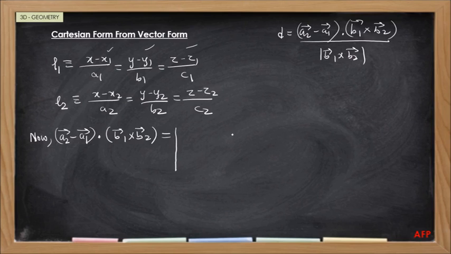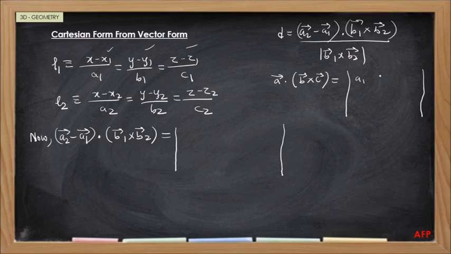Very simple way of writing the numerator. Okay, take some space. You can see (A2 minus A1) dot (B1 cross B2), we can write it in the form of a determinant.